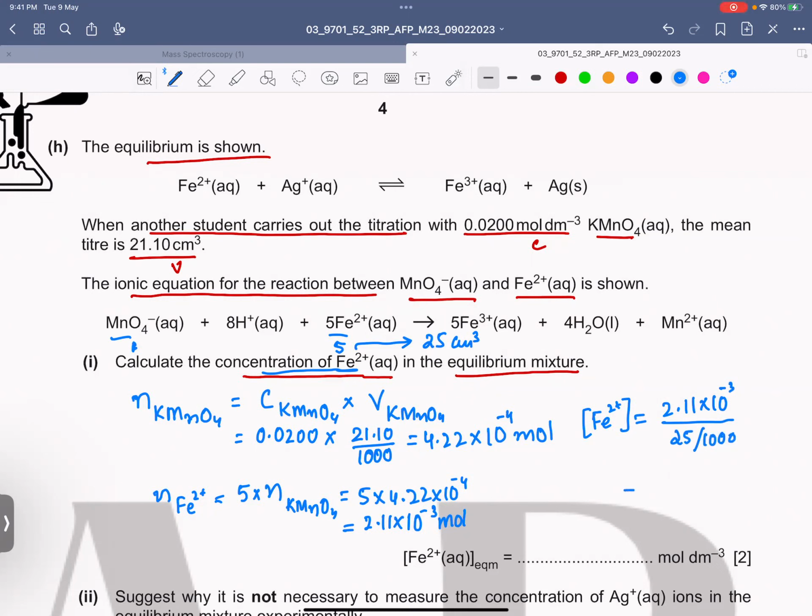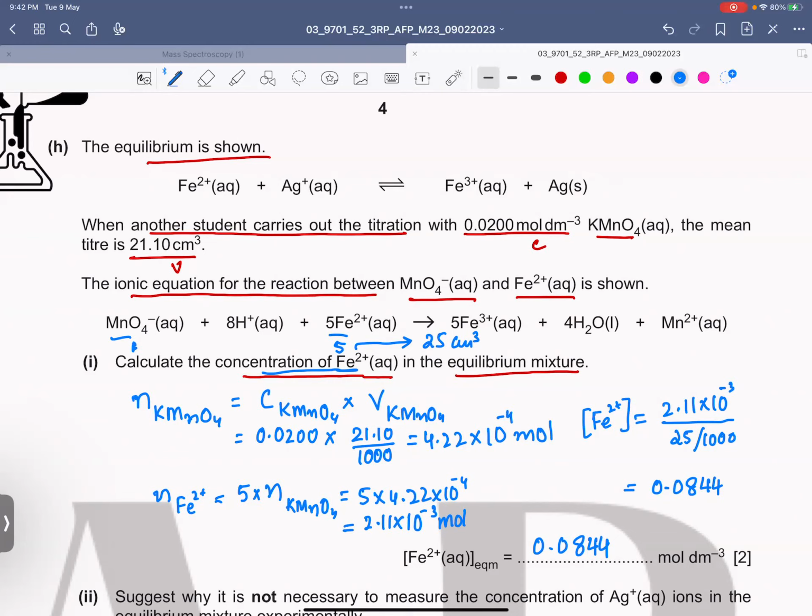Can anybody tell me the answer, please? 0.0844. So here we got the concentration of iron 2 positive ions, that is 0.0844 mol per dm³. Is this part clear to everyone? Yes, sir.